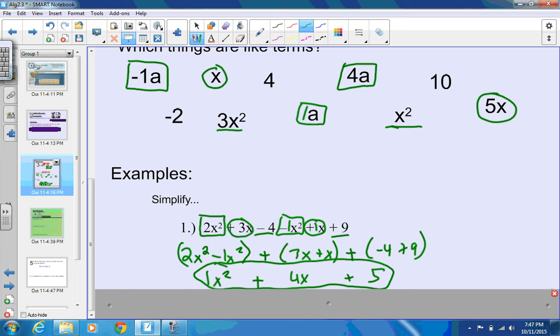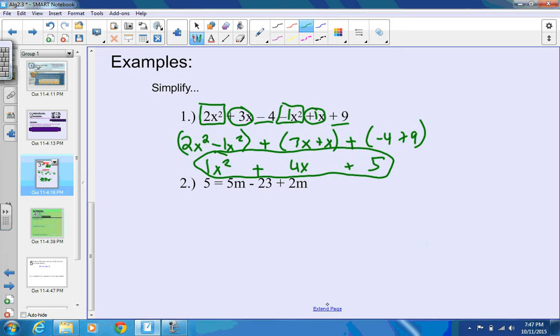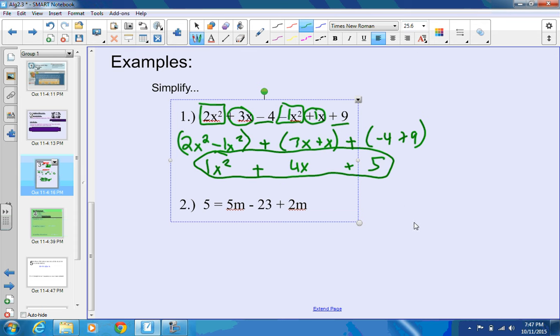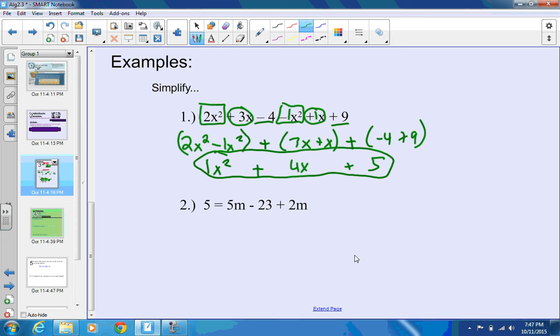Now, what we're going to deal with a lot in this chapter is actually combining like terms with equations. So we're going to actually have an equal sign here. So this has an equation.